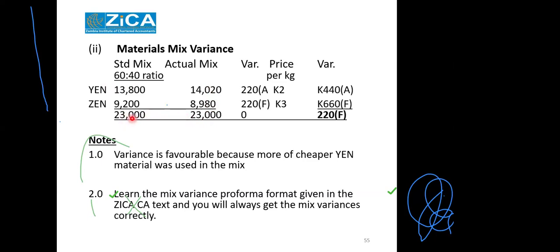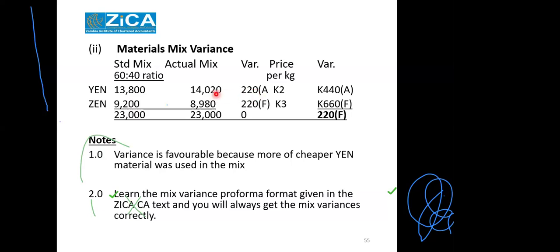So you multiply 60% on 23,000, that is 13,800. And 40% on 23,000, that is 9,200. Then you find the difference between the two. 13,800 minus 14,020. The variance is 220 adverse.